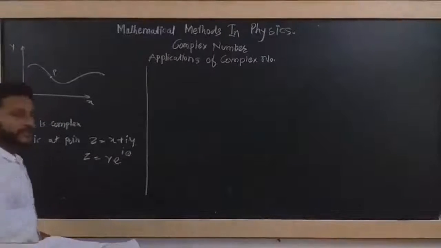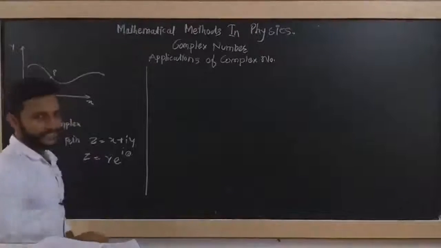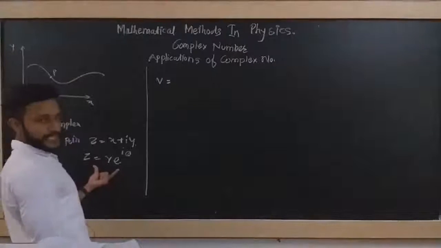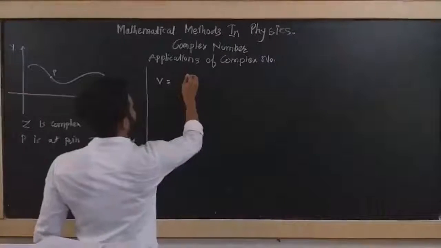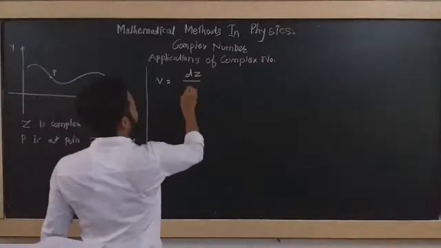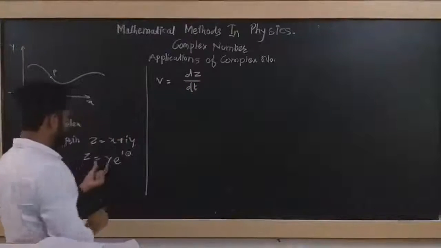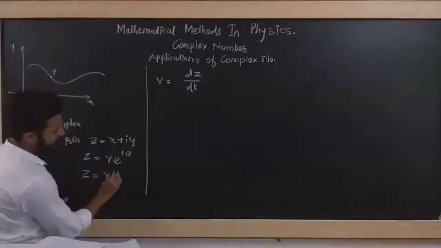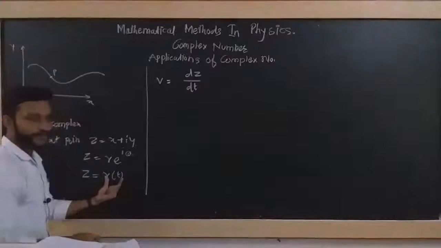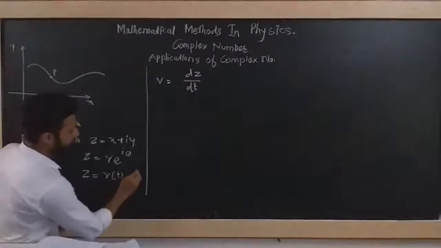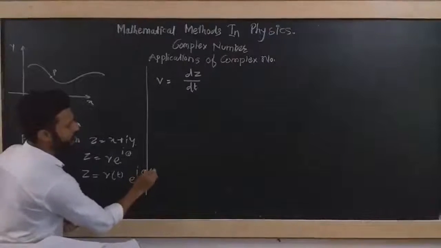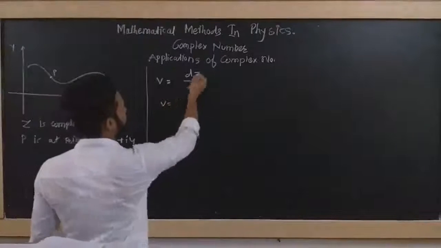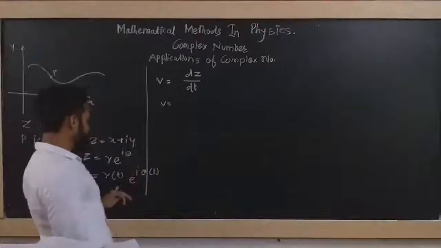If you want to find the velocity, we differentiate this z with respect to t, dz by dt, because in this z, r is a function of t, since r is also changing with respect to time, and e raised to i theta is also a function of t. So we can find v by differentiating z with respect to t.